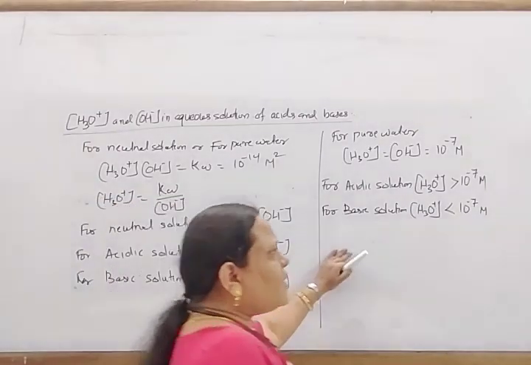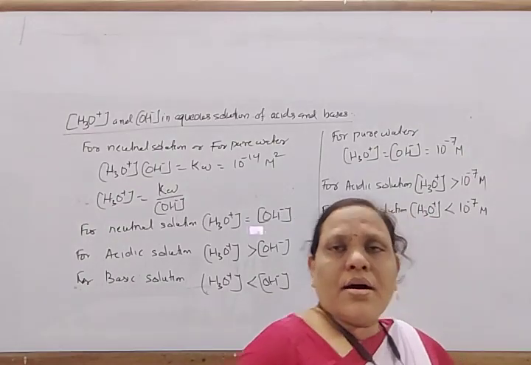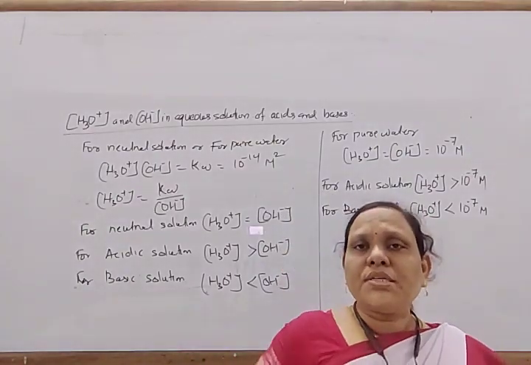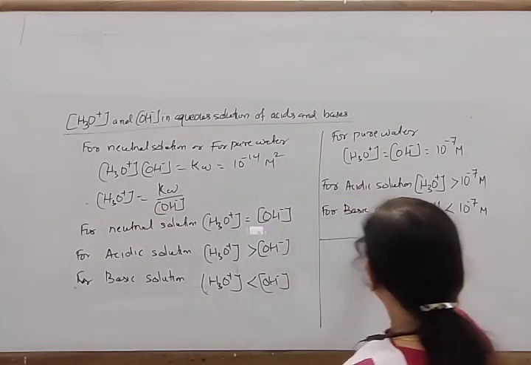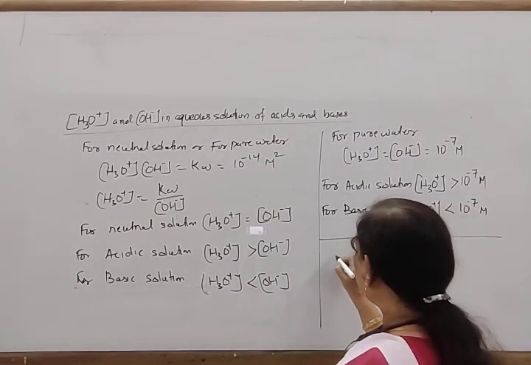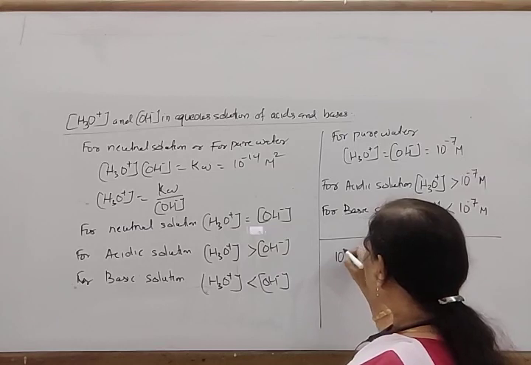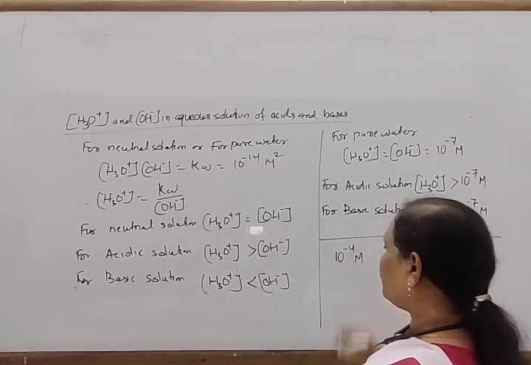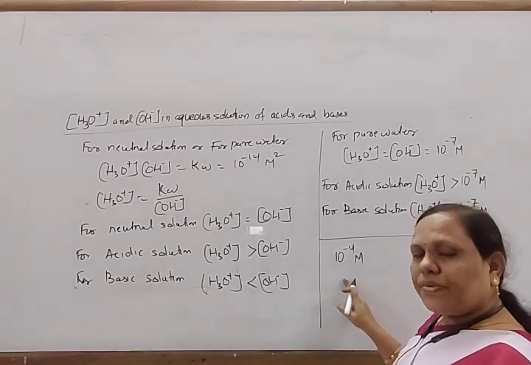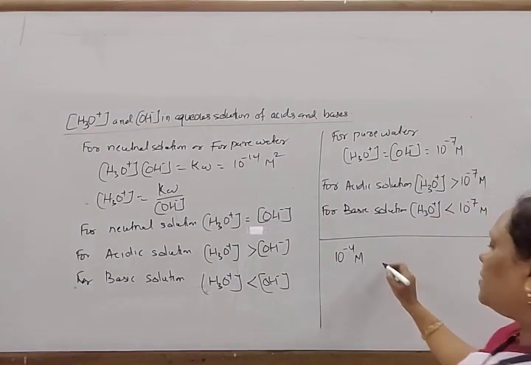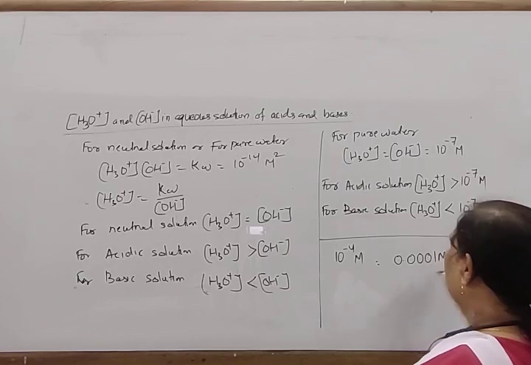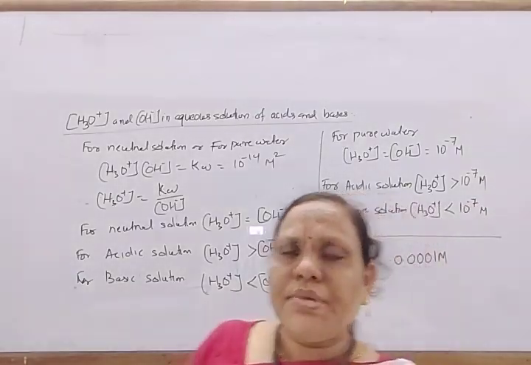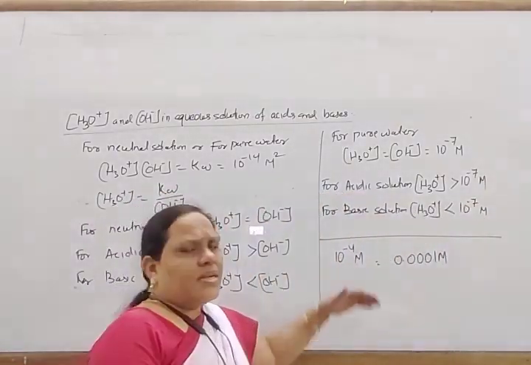But expressing concentrations like 10 to the power minus 7 M or 10 to the power minus 4 M actually becomes difficult. For example, when we say the concentration of an acid solution is 10 to the power minus 4 M, that means 0.0001 M. Presenting it this way is inconvenient.